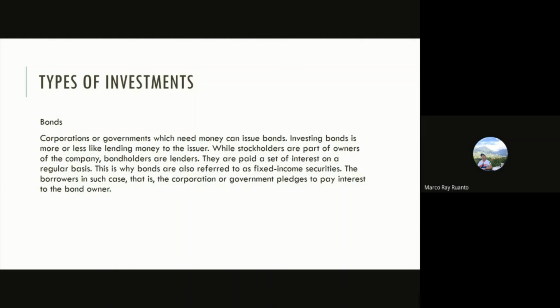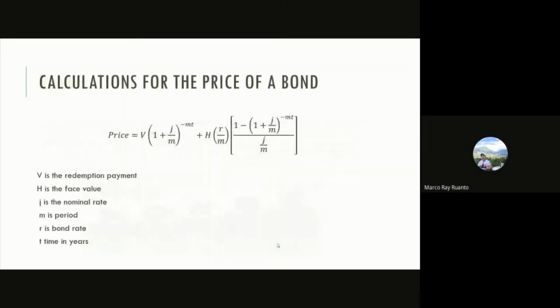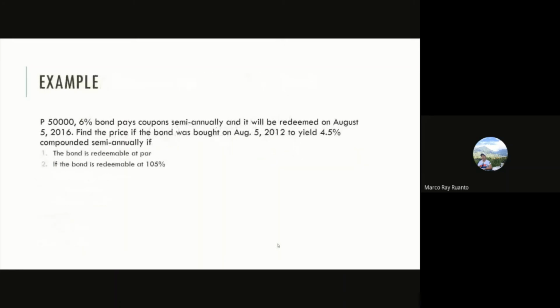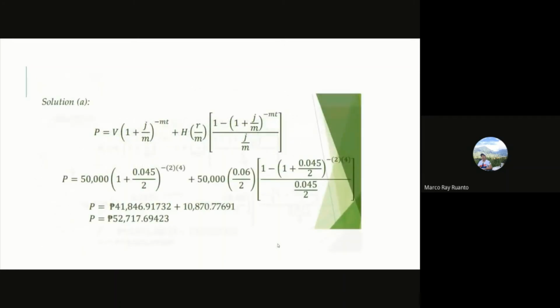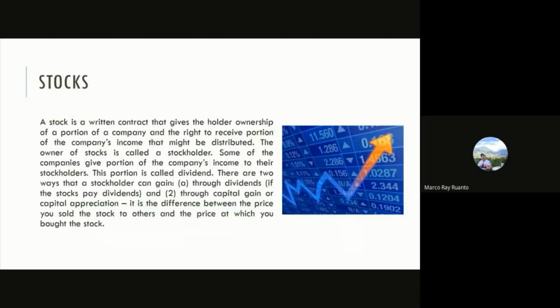The other type of security is what they call stock. Okay, stocks. So what happens to stocks is that when the company issues you a stock, okay, nagpalit ka, then i-issue ka og certificate ana, then you'll become a shareholder.